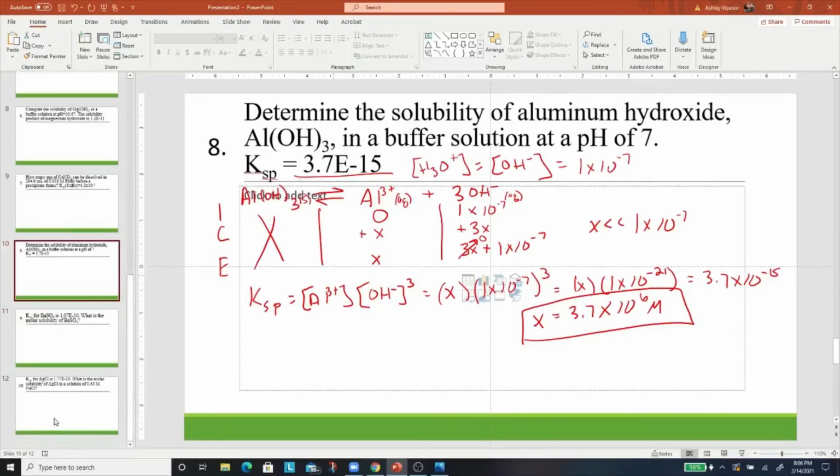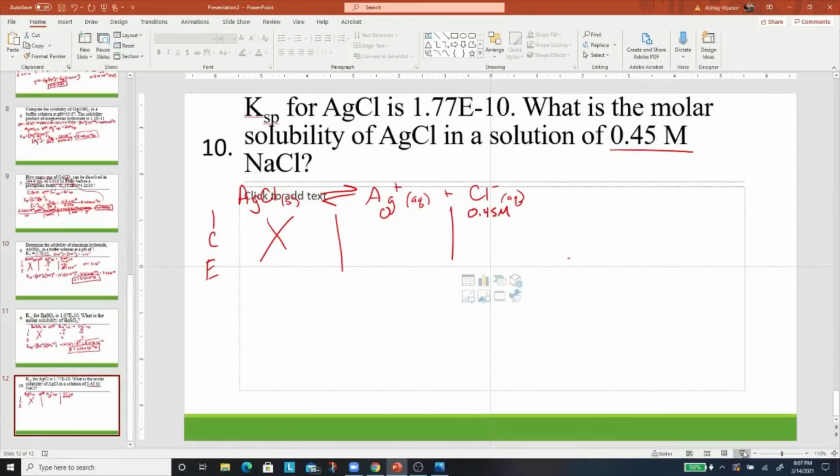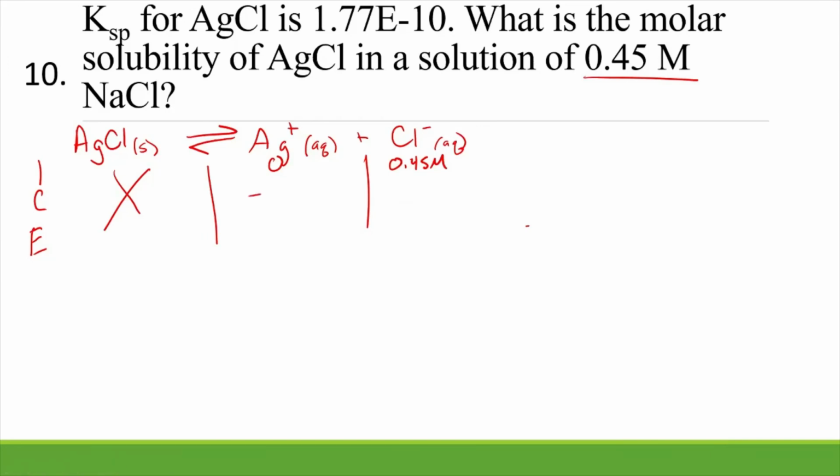Whoops, I keep doing that. Okay, so this is gaining some X. They're both still gaining X. Oh, not 0. I've been staring at a computer screen too long, I think. 0.45 plus X.